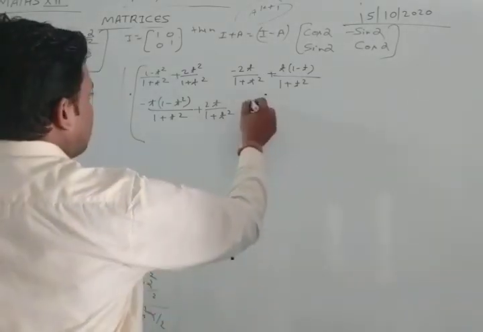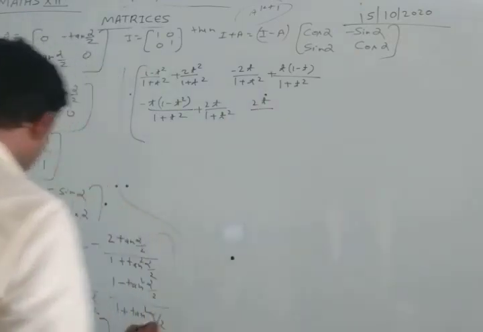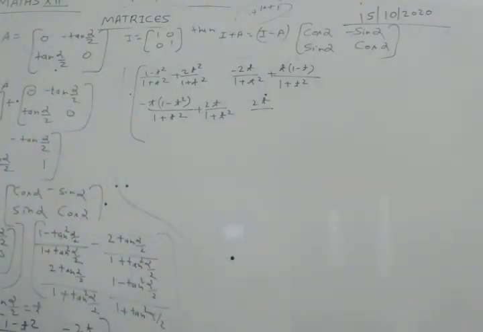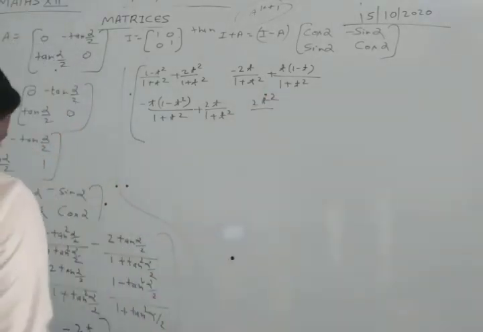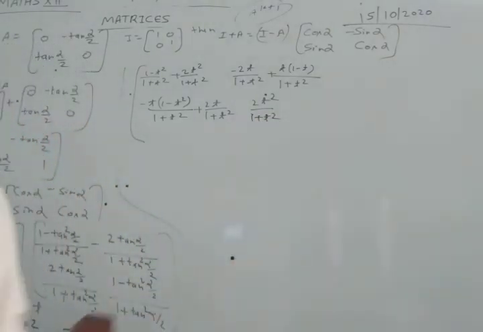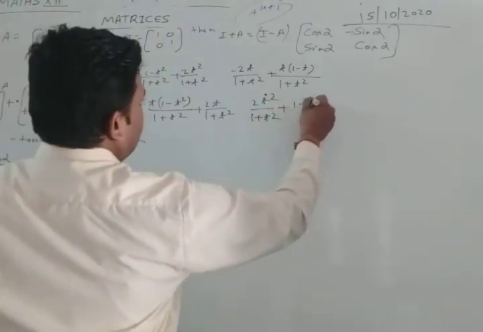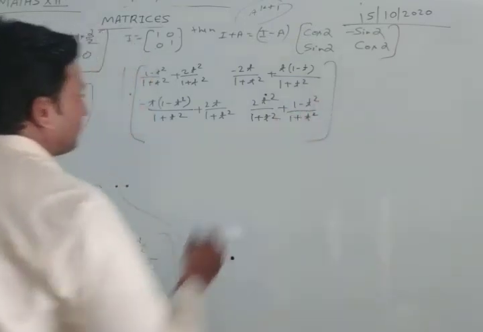So minus minus plus 2t square upon 1 plus t square, and plus 1 minus t square upon 1 plus t square.